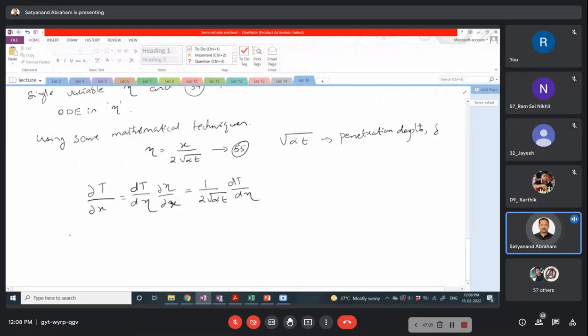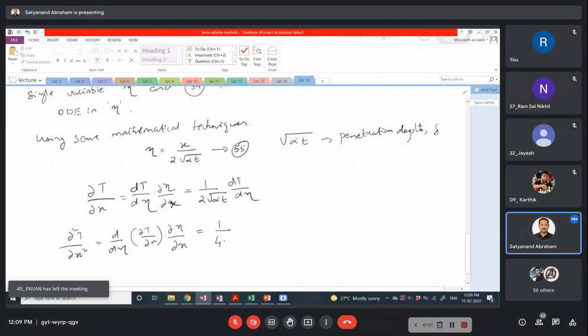In our equation we have dou square T by dou x square, so we need to differentiate this whole thing. It is equal to d by d eta of dou T by dou x into dou eta by dou x. So we are going to get 1 by 4 alpha t into d square T by d eta square.